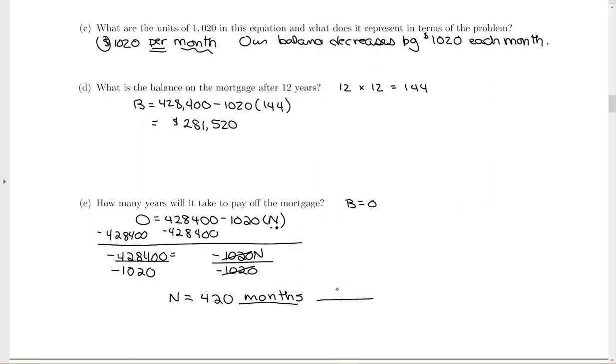And the reason for that is in 1 year, there's 12 months. So the months cancel, multiply straight across. 420 times 1 is 420 years divided by 12. That's why we divide by 12. And you come up with 35 years.